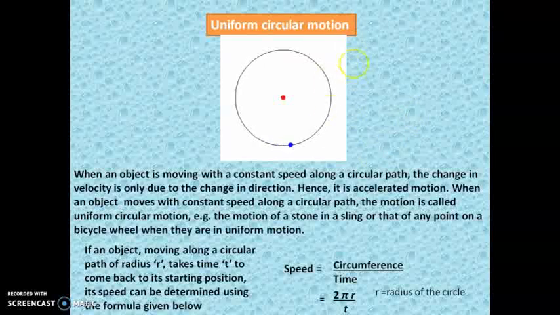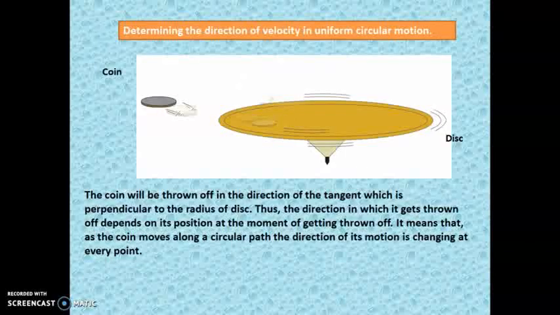Circumference, that is the outside of a circle, is found by the formula 2 pi r, where 2 is a numerical value, pi is a constant and r is the radius of the circle, divided by t. So we can find the speed by using this formula.